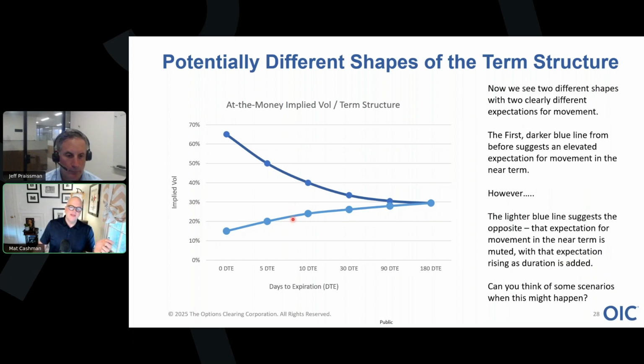The light blue is suggesting that there will be no theoretical movement over the next 5 to 10 days, but that there's significantly more movement forecasted over the long term. Oftentimes when term structures reprice, they will reprice in ways like this. I can give you a great example. The dark blue line might be what a term structure looks like before earnings, and that light blue line might be what it looks like after earnings.